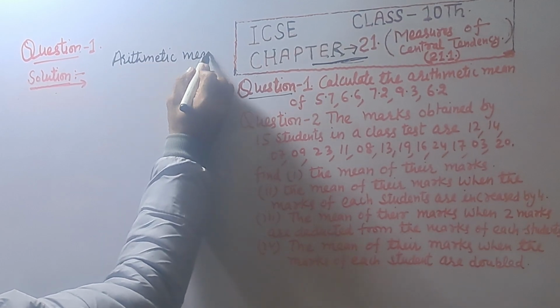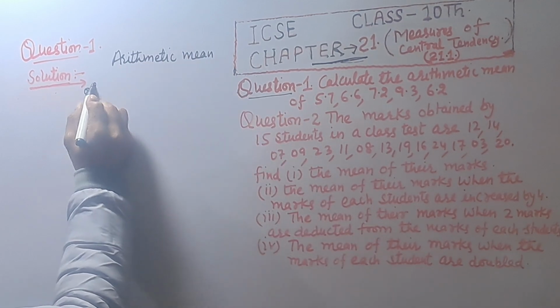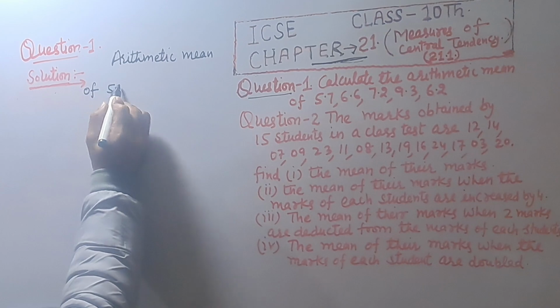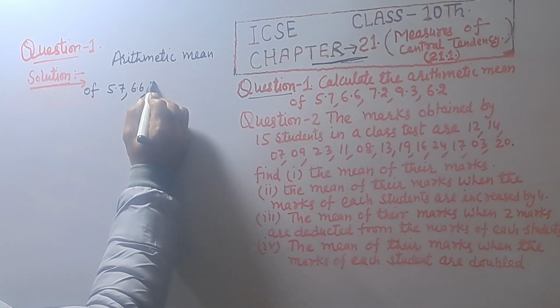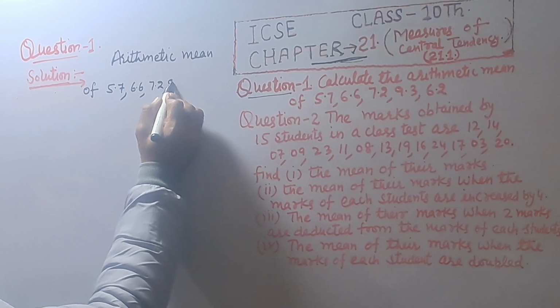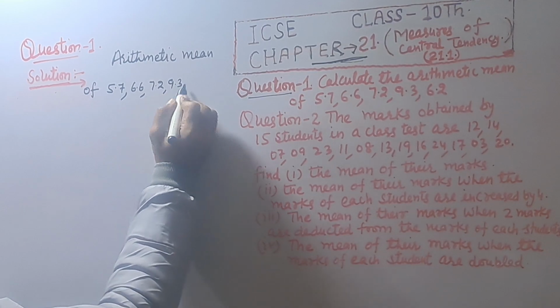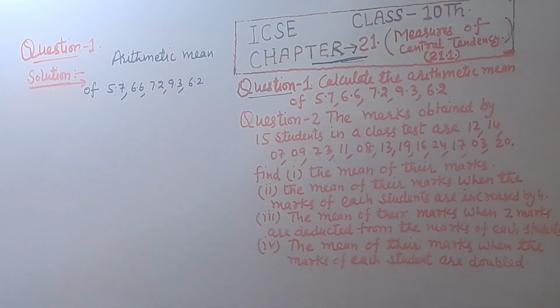Arithmetic mean of 5.7, 6.6, 7.2, 9.3 and 6.2.